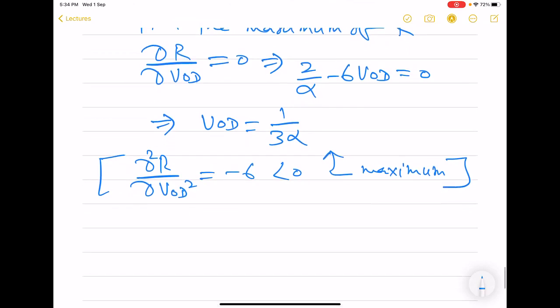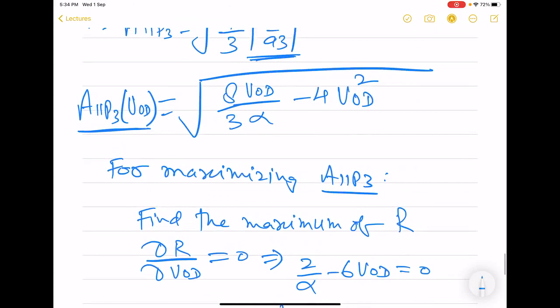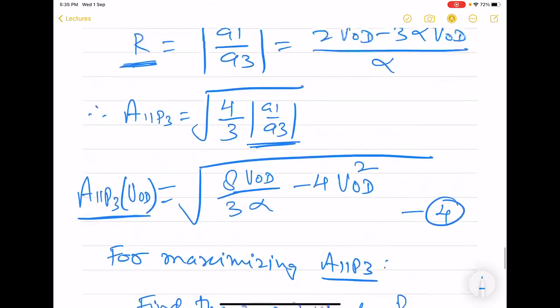So for this value of VOD, we need to know what is the AIIP3 that we have derived here. Let us call this as equation 4. Or rather, this has 4 and this has 5.